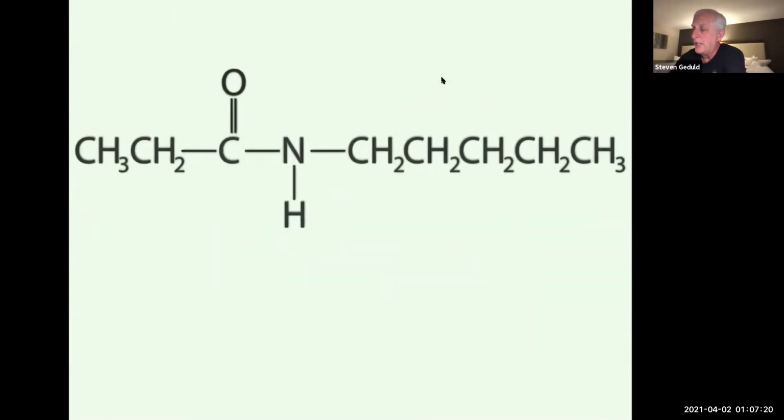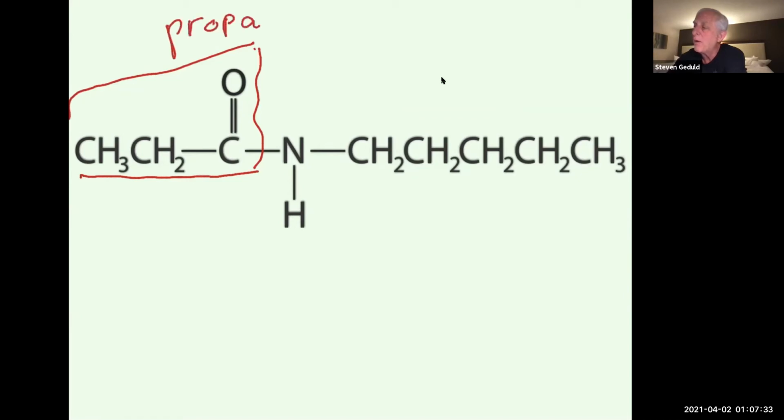Right, next one. Again, look at the carboxylic acid group, which is this group right here. And there is 3 carbons. 3 carbons is propane. So it's propane amide. Drop the E at amide. And we got 1 R group attached.